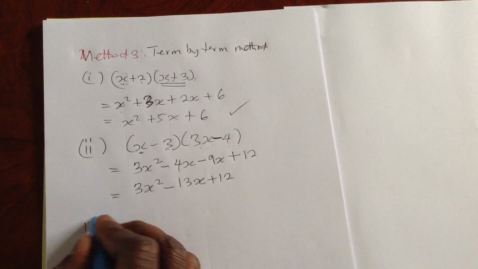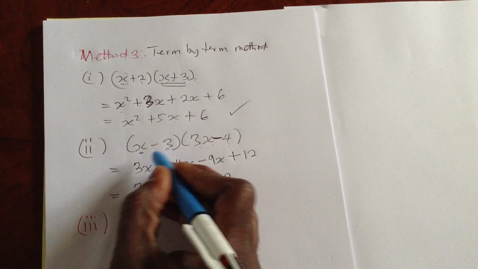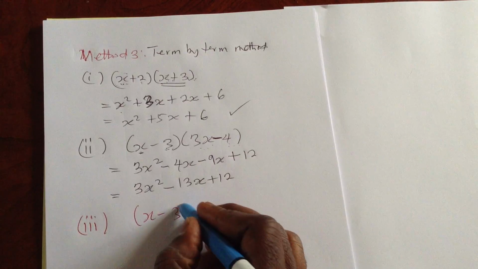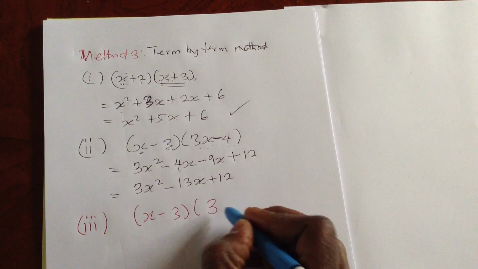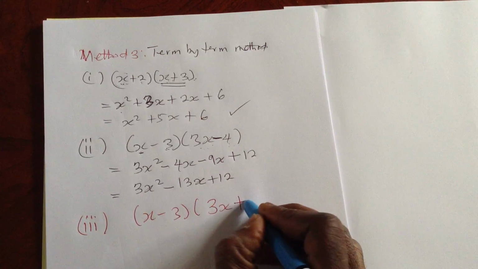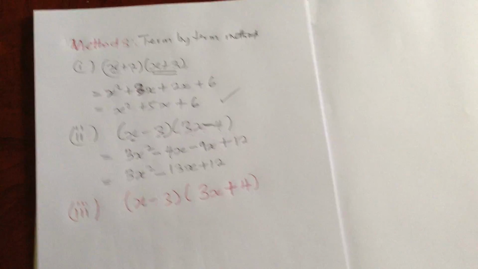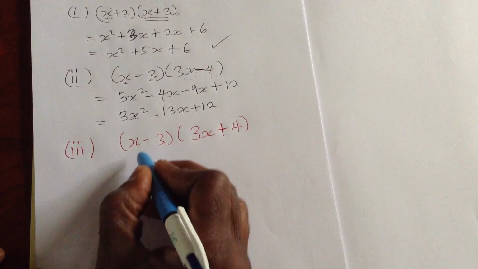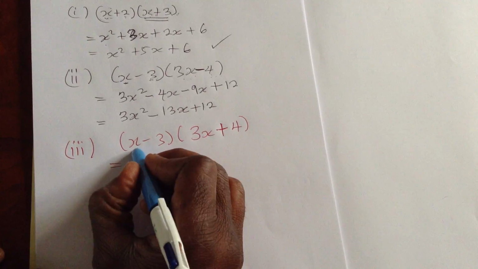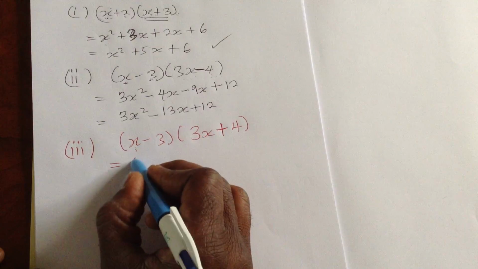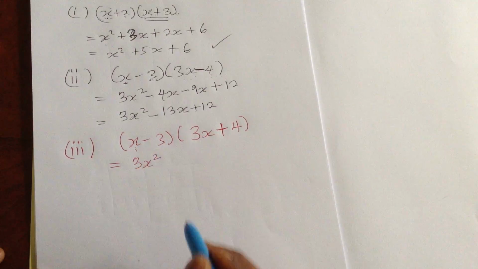Let me do a third example just so I get the right question. So I have x minus 3 into 3x, it was meant to be add, and I used minus here. That's okay. So if it were this, again I'll take that 10 by 10, this term by the two terms here, so I'm going to get x by 3x to give me 3x squared.